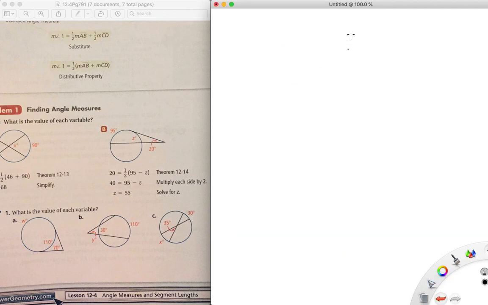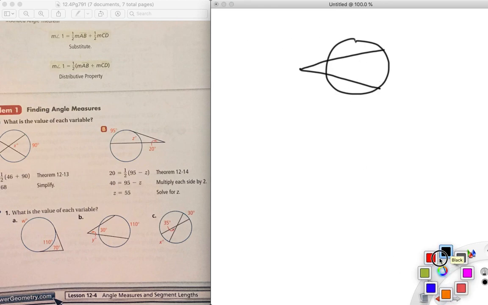Okay, so for B, we have that this guy here is 30.